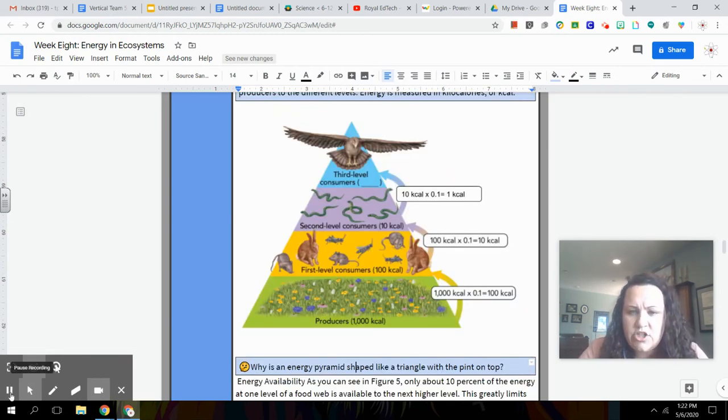This is that energy pyramid, and it's showing us that we measure energy in something called kilocalories. So when you pull up your Sprite or your Coke and you look at the calories under the nutrition information, you know what I'm talking about? You're not actually looking at calories, you're actually looking at kilocalories.